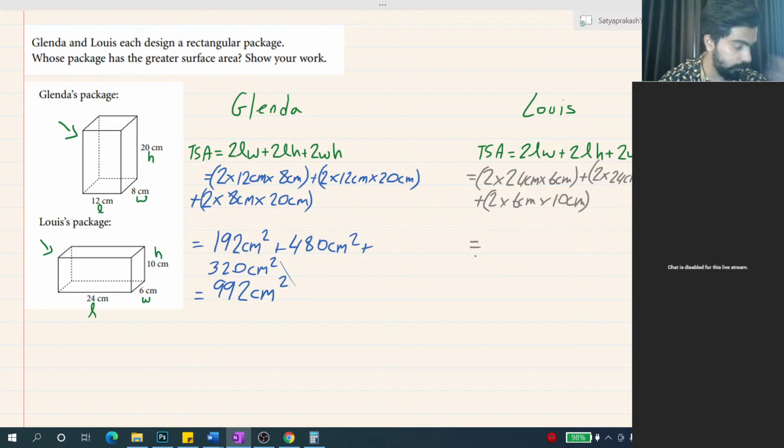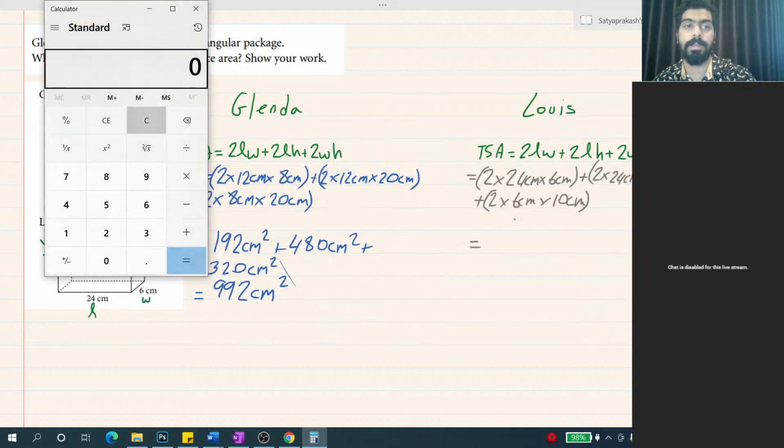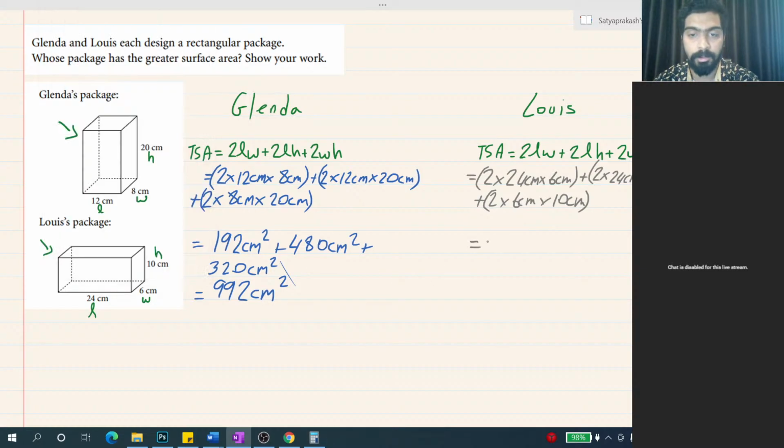So this is what we would be having right now. Now 2 times 24 times 6, which would give us 48 times 6, which is 288. So we have 288 centimeter square plus 2 times 24 times 10 would give us 480 centimeter square, and plus 2 times 6 times 10 would give us 120 centimeter square, right, guys?